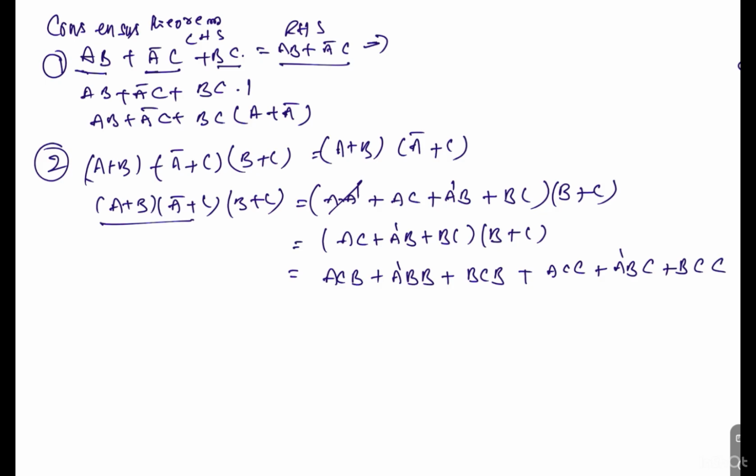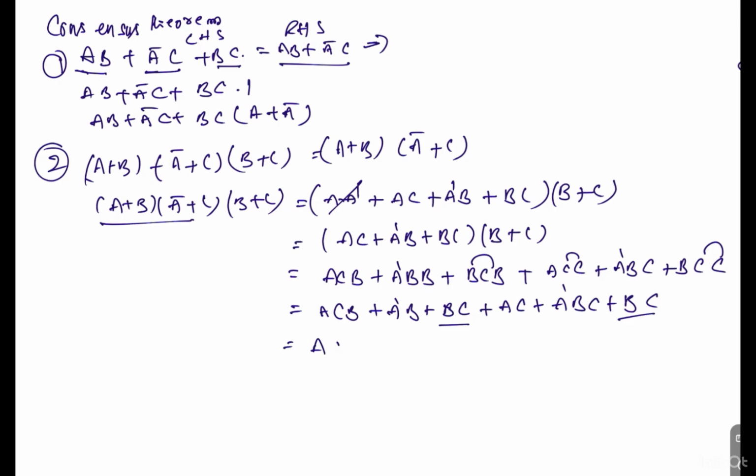If you see, this ACB can be written as ACB, and B dot B can be written as B, so A bar B. B dot B can be written as B, so this is BC. And C dot C can be written as C, so AC. And then A bar BC. This C dot C can be written as C, so this is BC. Here one BC, here one BC, so x plus x can be written as x, so one BC.